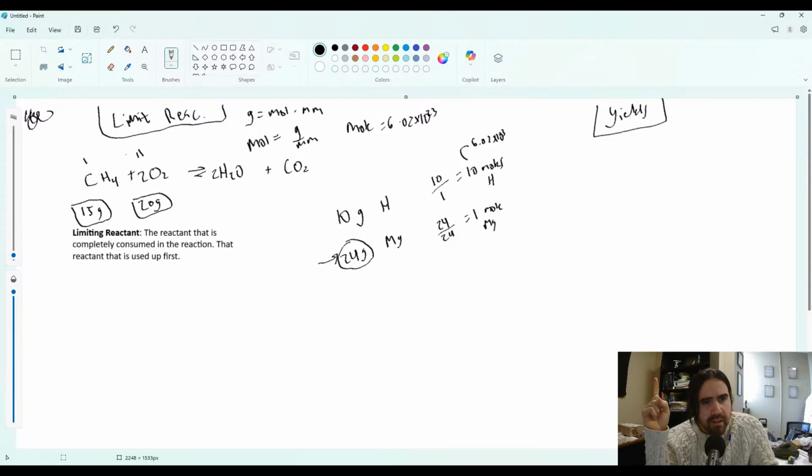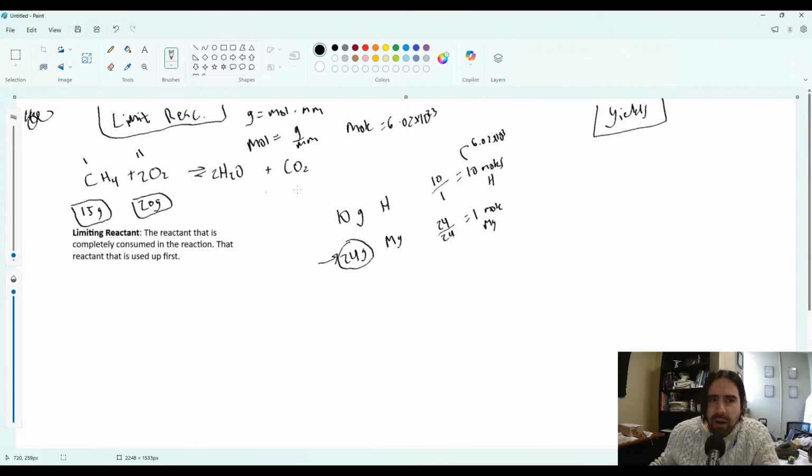Number one is the amount of molecules present, right? And again, just because something has a bigger mass does not mean that it's going to have a greater number of molecules present. So number one, the amount of molecules present. And number two, how rapidly those things are being used up. Okay, that's what dictates the limiting reactant.